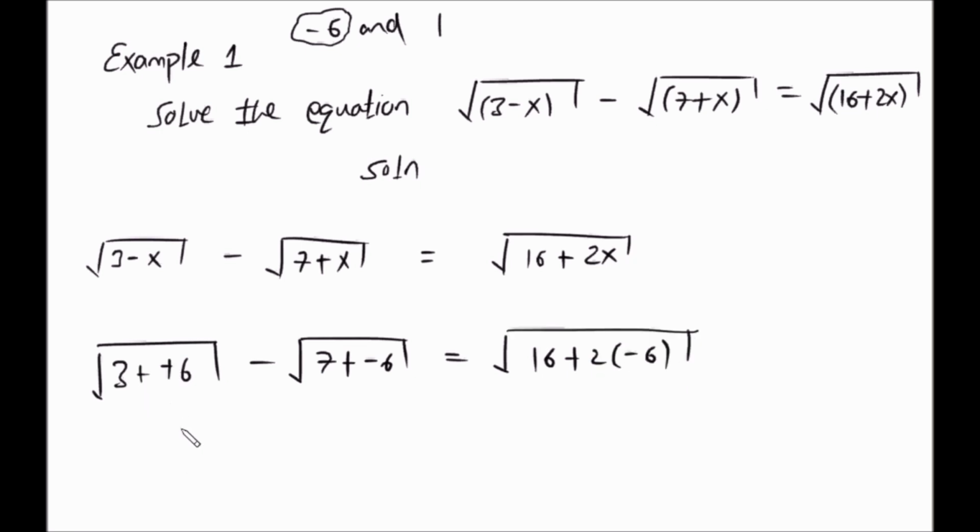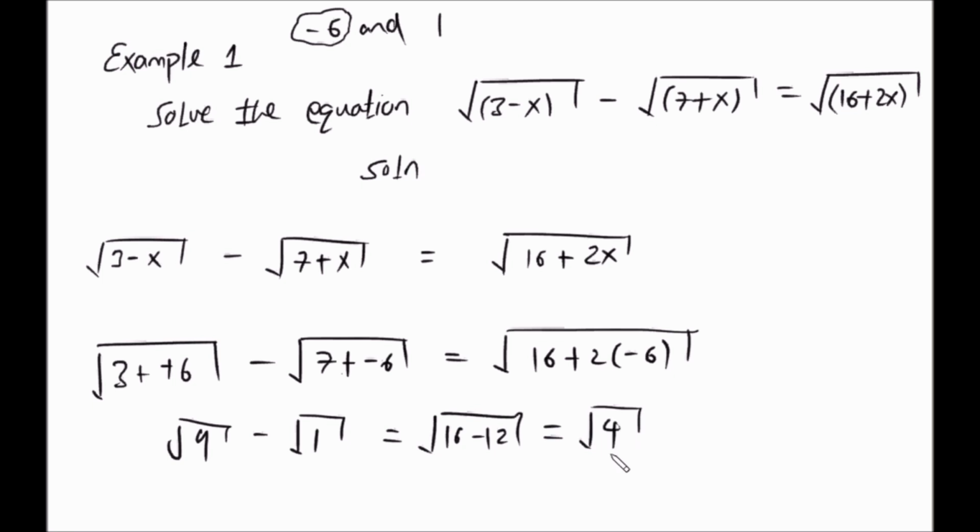So hapa itakuwa jumlisha, kwa hiyo ni square root of 9 minus, kwa hiyo hapa itakuwa negative 7 minus 6 ni 1 sasa na 2 times negative 6 ni negative 12, kwa hiyo ni 16 minus 12 ambayo ni sasa na nini? The square root of 4.